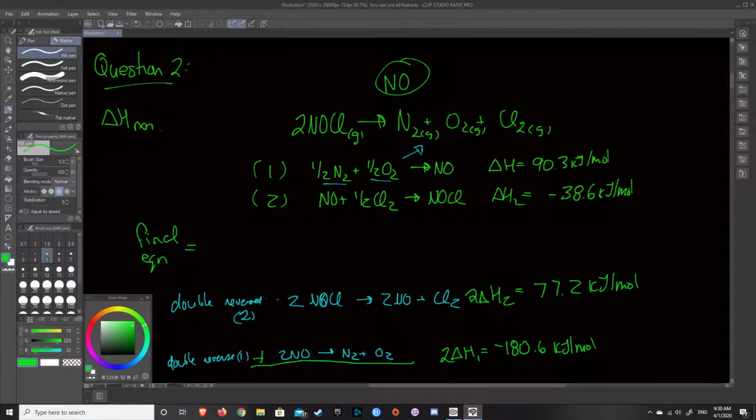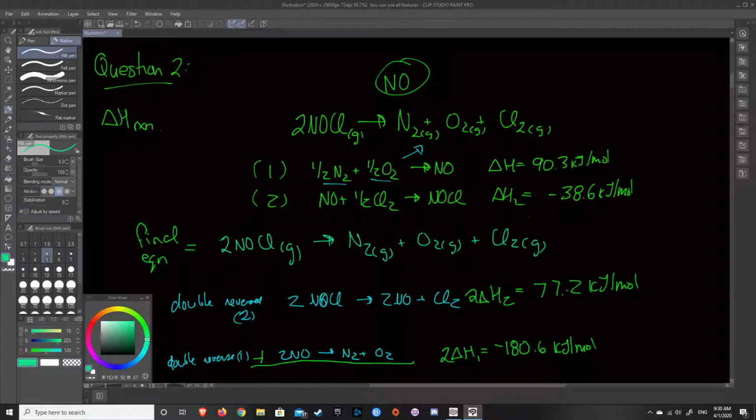So we're done now. We just add them together. So our final equation will be 2NOCl reacts to form N2 plus O2 plus Cl2.